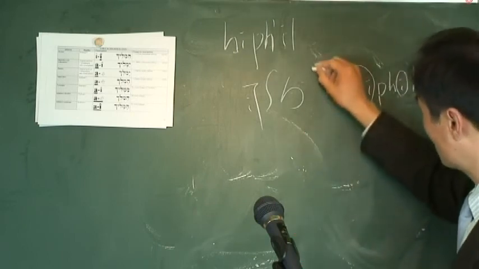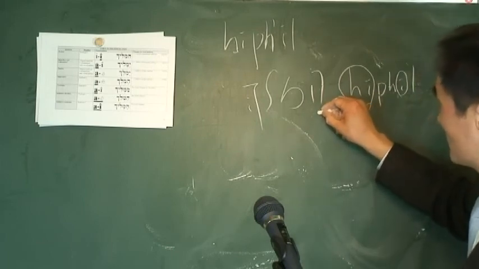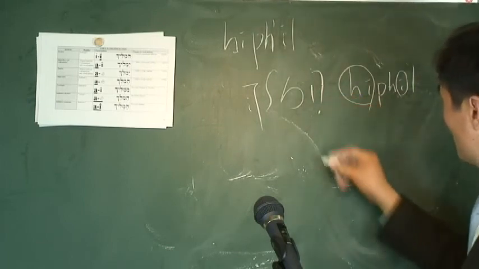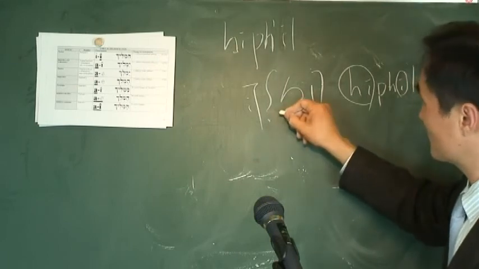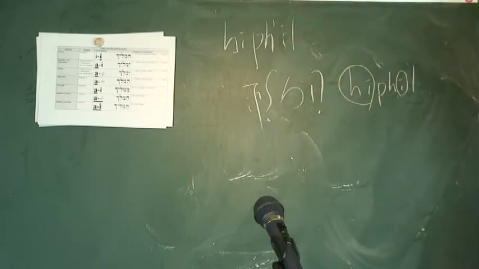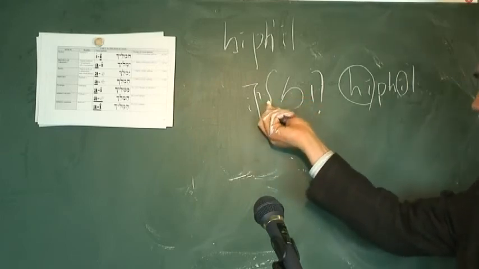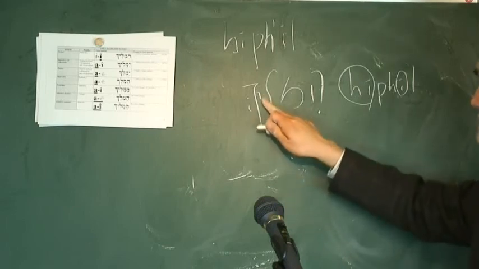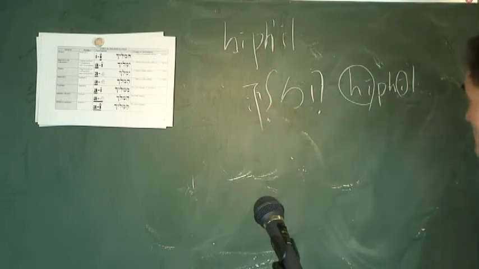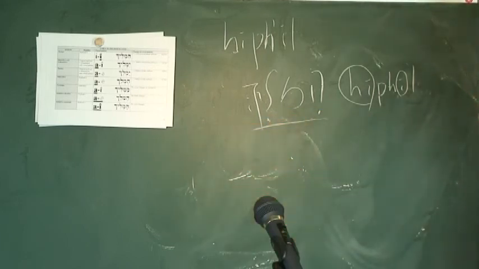First, he and e. He would be he and hirek. E would be hirek yod, which is hirek and yod. We will not add the dagesh forte to the second consonant. It would be himlik.